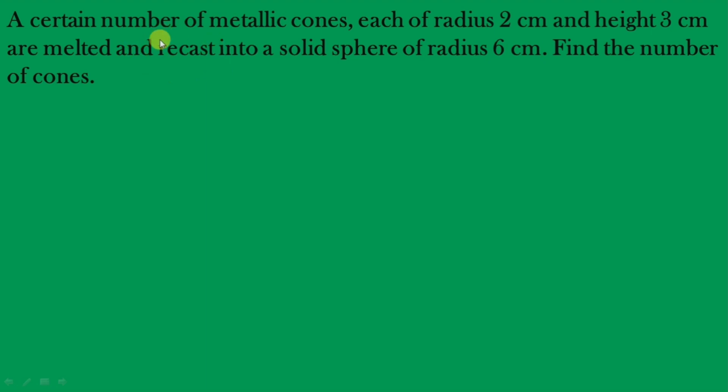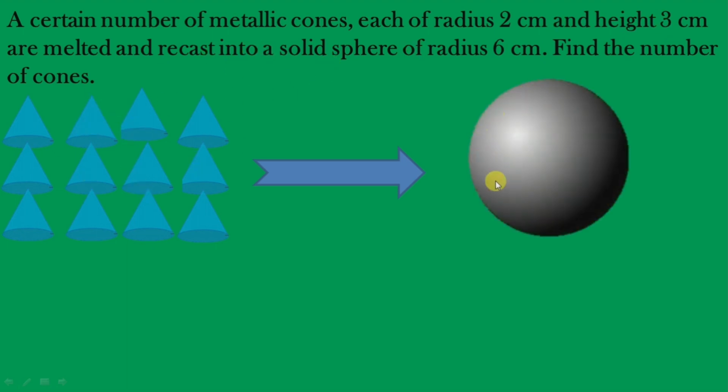So let me explain this question with the help of an example. There are certain numbers of cones, each of radius 2 cm and height 3 cm. I will melt them and make a sphere whose radius is 6 cm.